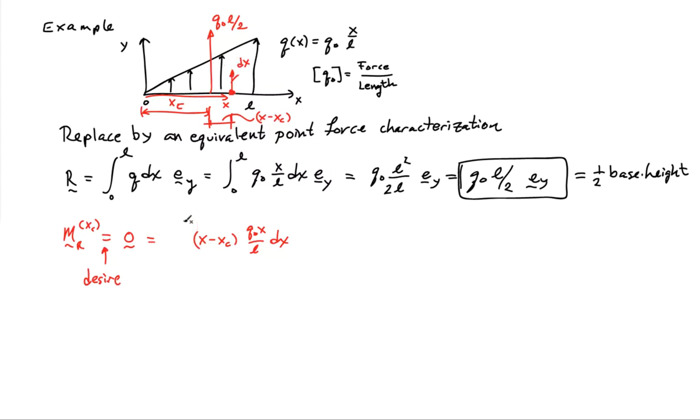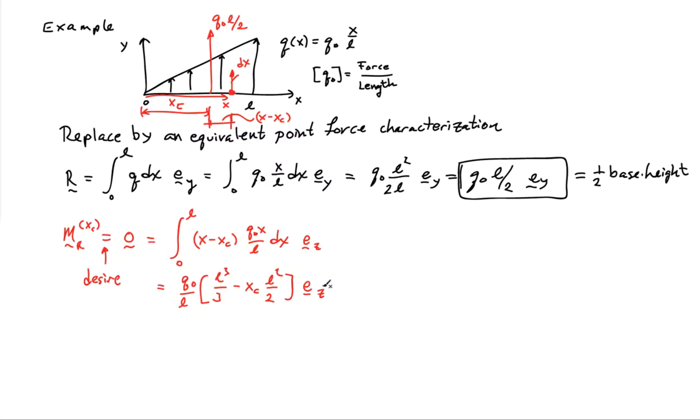And so to get the total moment of the distributed load, I have to add it up over the entire region that it acts, so I integrate from 0 to L. And this will be acting about the z-axis if I take into account the directions of everything. So I'm going to get Q naught over L times L cubed over 3 minus xc L squared over 2 Ez when I do this calculation.